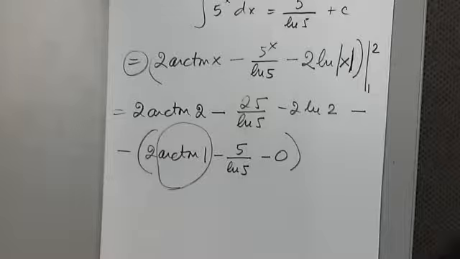So that's the only one that I can replace. Everything else has to stay. So I will write 2 arctangent 2 minus 25 over natural log 5 minus 2 natural log 2 minus 2 pi over 4, which will be pi over 2, and plus 5 over natural log 5.